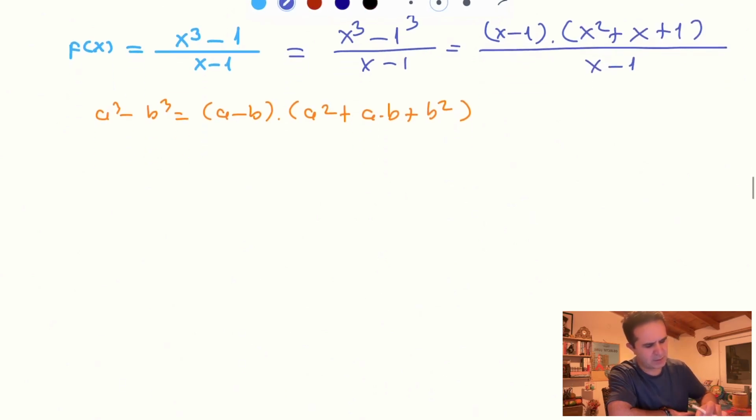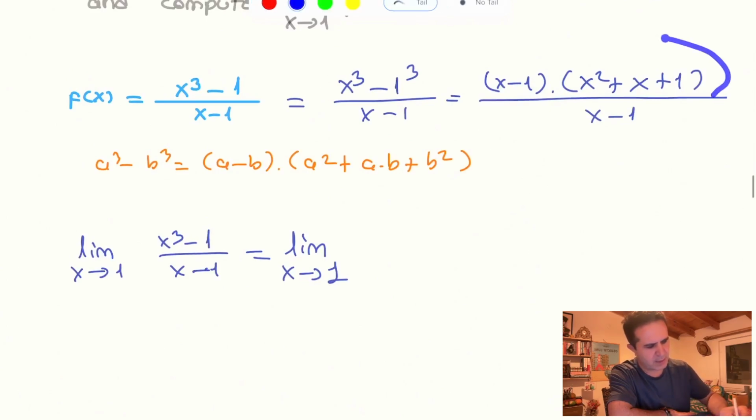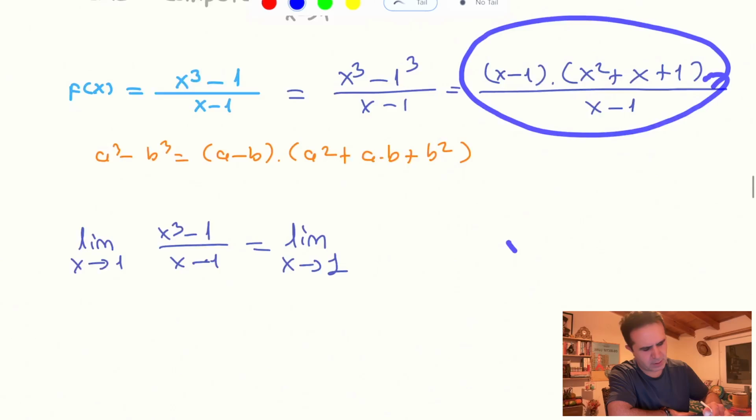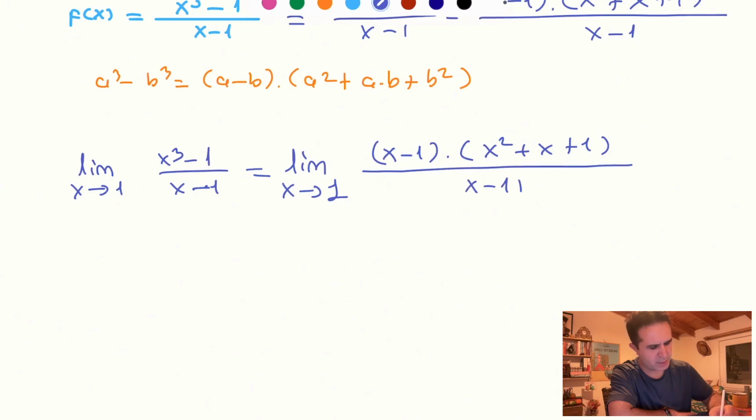Then our limit as x approaches 1 of x cubed minus 1 divided by x minus 1 is equal to the limit as x approaches 1 of x minus 1 multiplied by x squared plus x plus 1, divided by x minus 1.